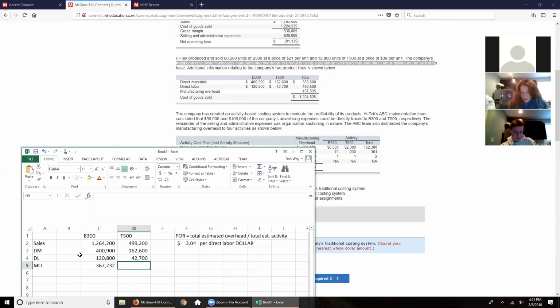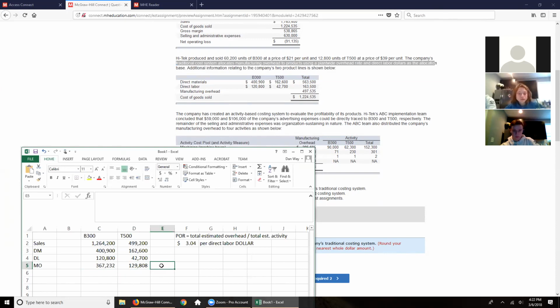So then we do the same thing for the T500. Same rate, $3.04 per labor dollar. And the T500 here incurred much less, 42,700 in direct labor costs. So I'd apply 129 and change to the T500.